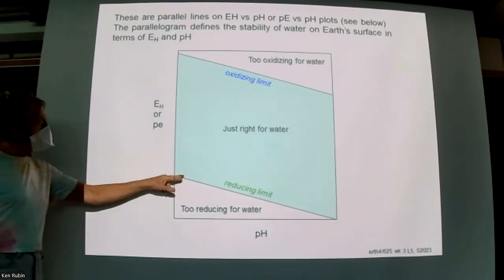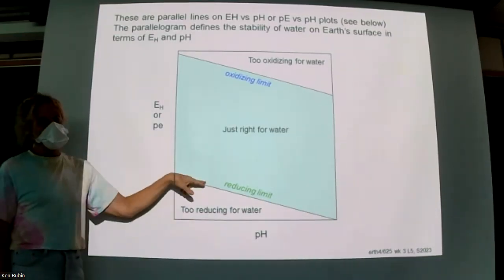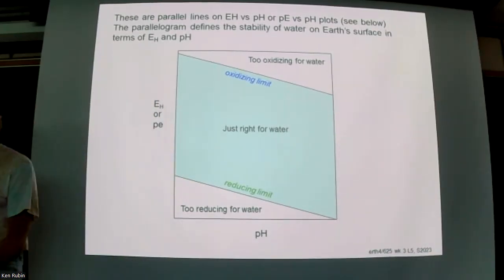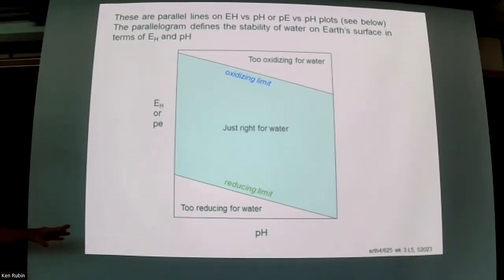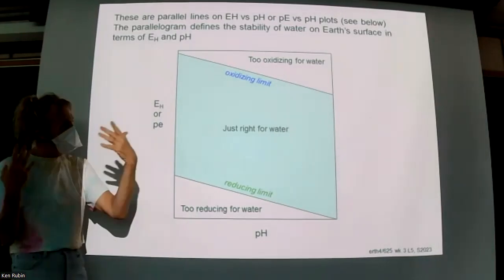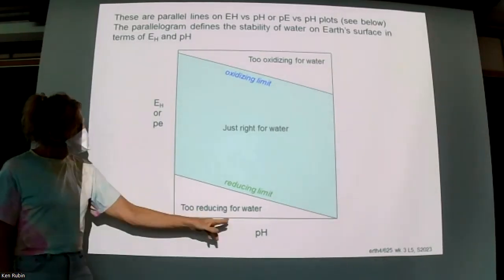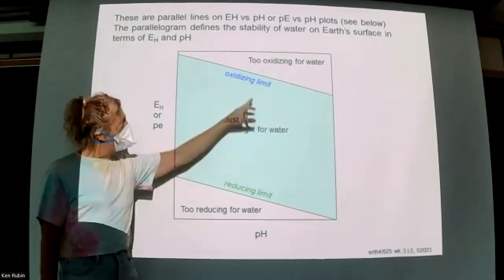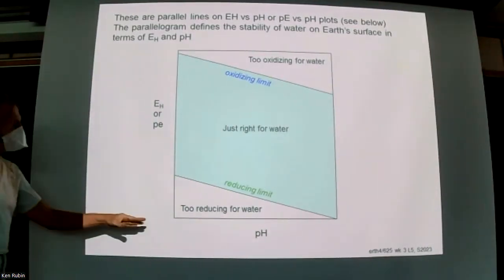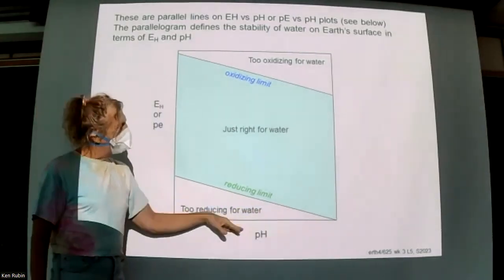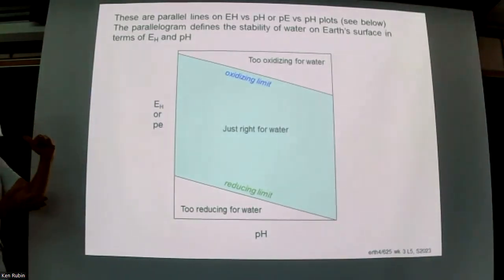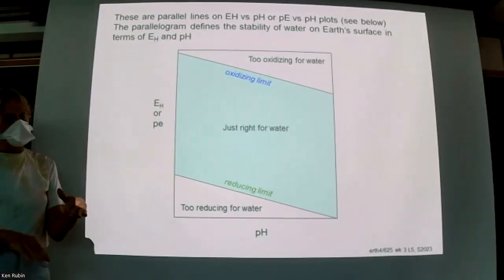If we get too reducing, like in the interior of the Earth, we don't have free water anymore. And if we somehow got too oxidizing, then we wouldn't have water anymore. But just by having water, we know that we're in a box with a certain set of values. At pH 7, we calculated somewhere up in the middle, 0 and something like 20.75. And as I was mentioning before, as the pH changes, the upper and lower limit absolute values change, but their offset doesn't change because these two lines are parallel to each other.